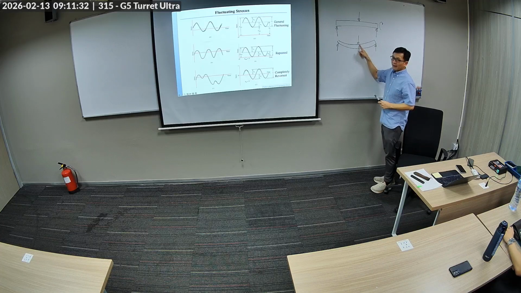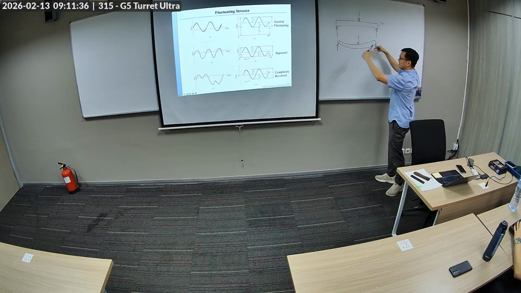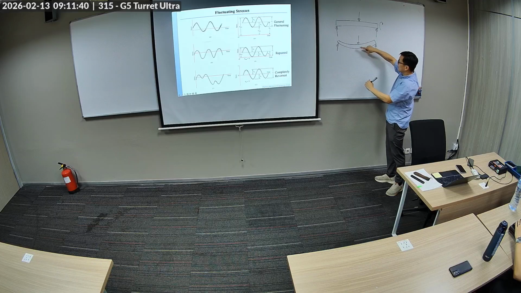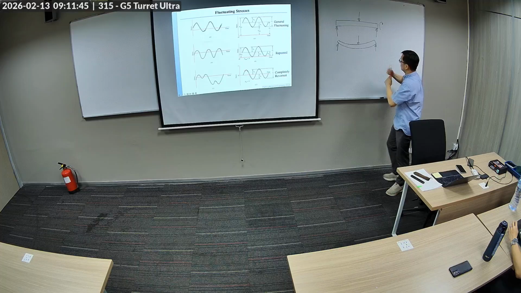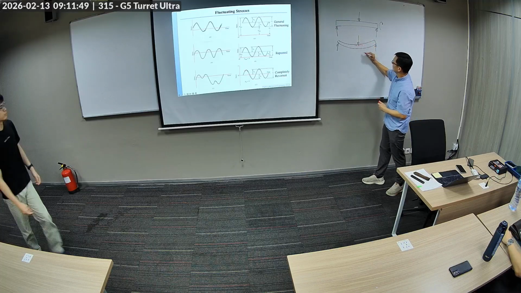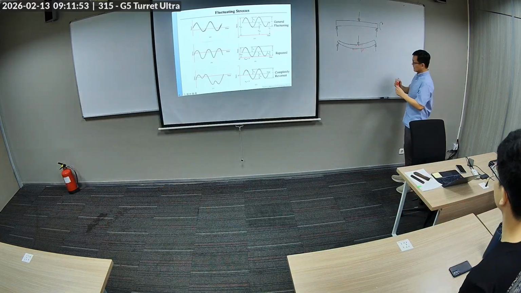But if you imagine yourself as being part of the shaft, as it rotates, then you go from compression on the top, and when you're on the bottom, it's tension. So this is compression, and this is tension on the bottom.